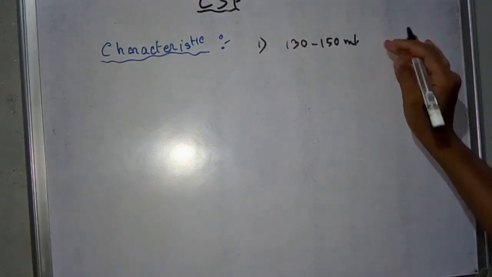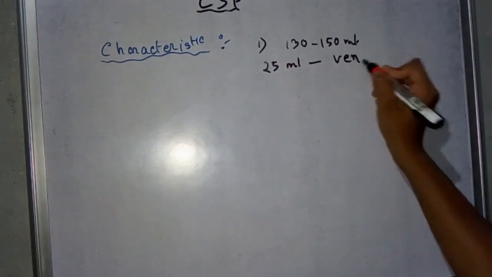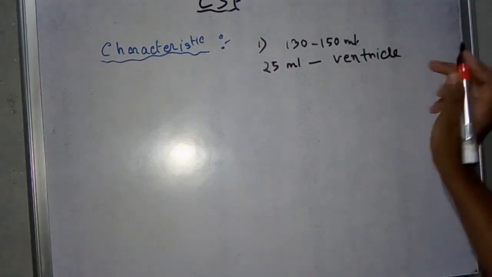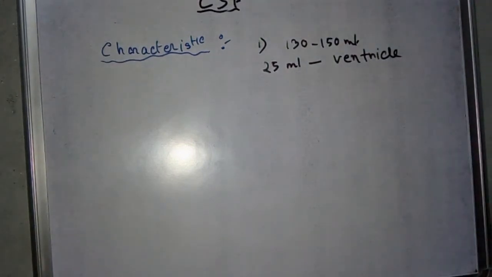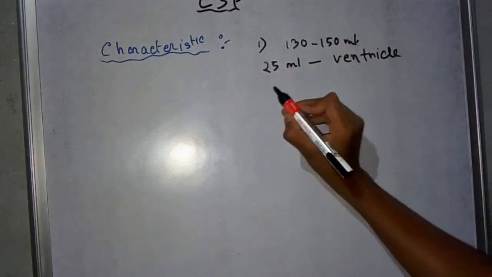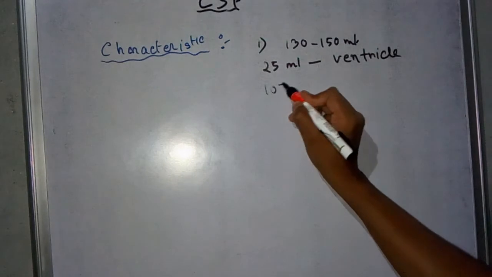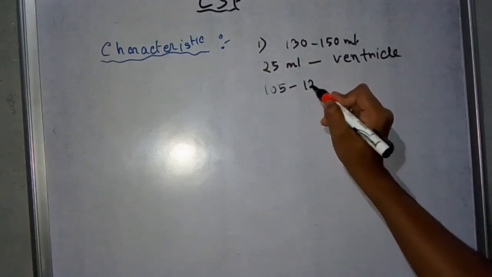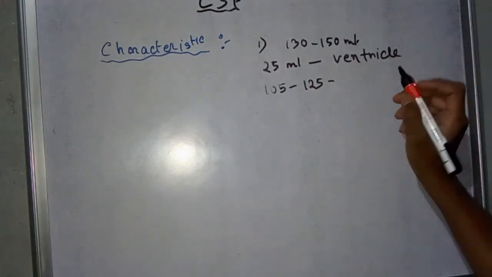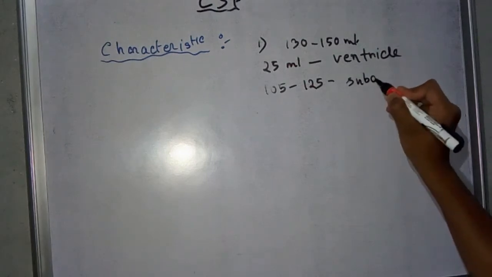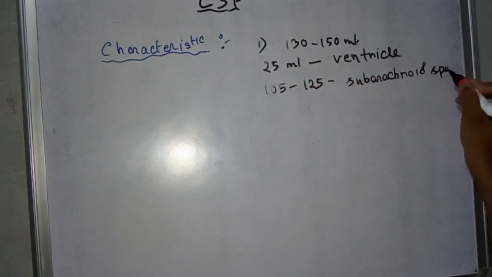25 ml lies in the ventricle where it's produced, and the rest, 105 to 125 ml, is present in the subarachnoid space.